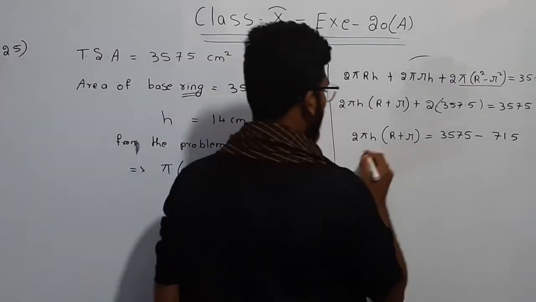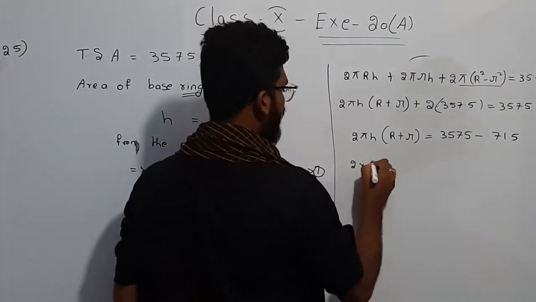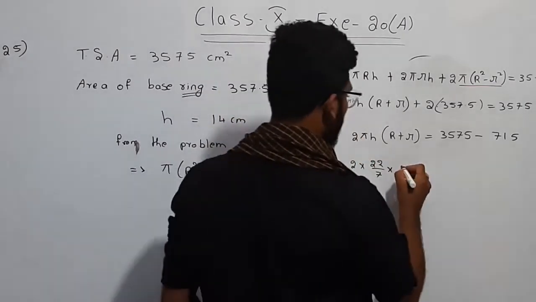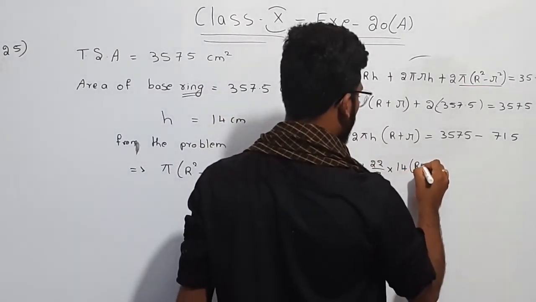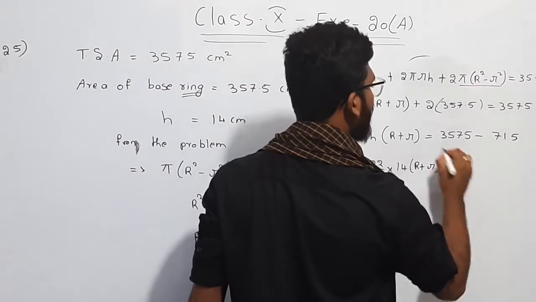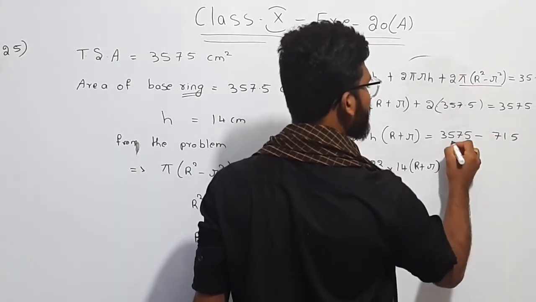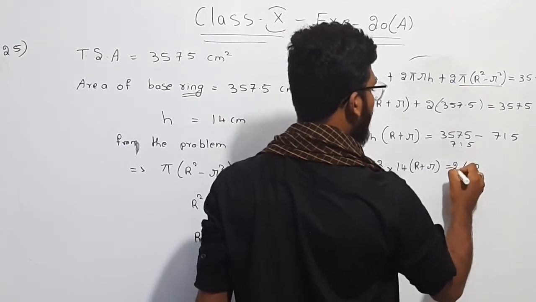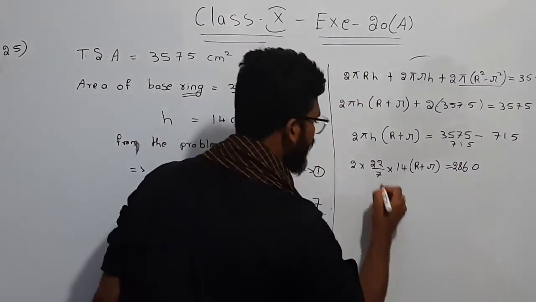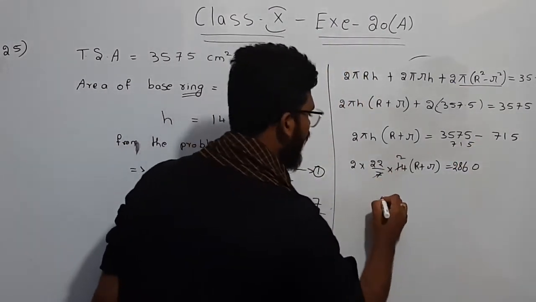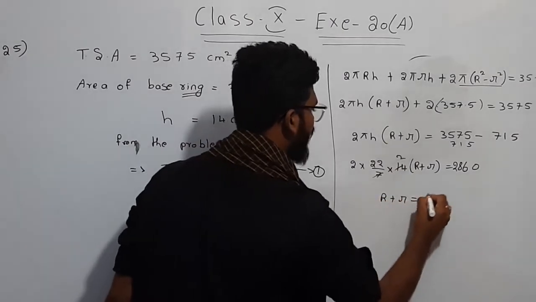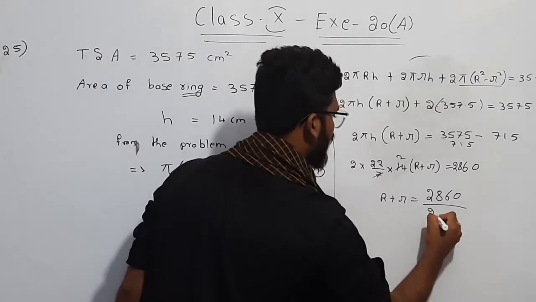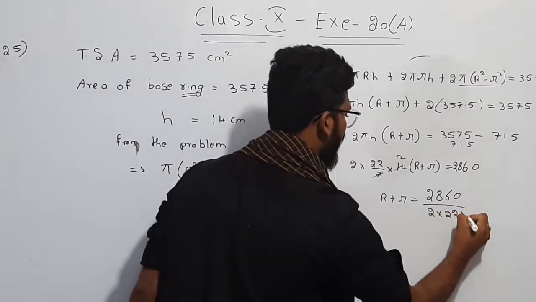So 2 pi is nothing but 2 into 22 by 7 into height. How much it is? 14 into R plus r equal to 3575 minus 715. Right? 2860. So R plus r equal to 2860 divided by 2 into 22 into 2, right?